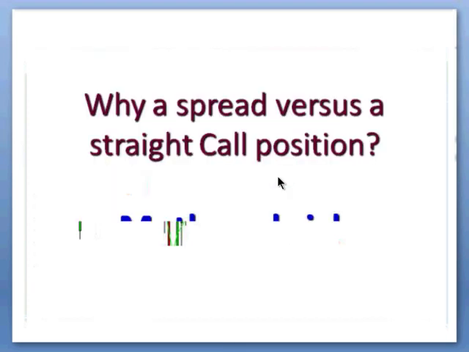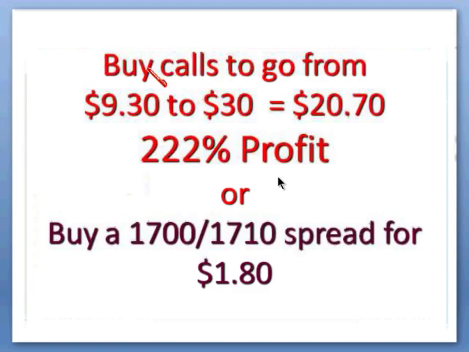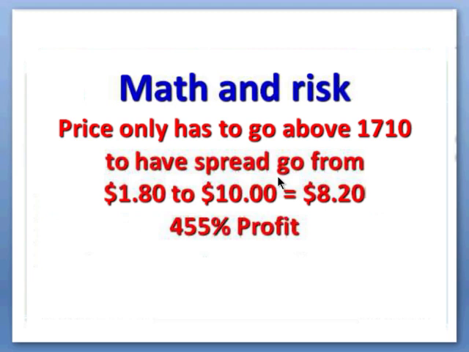That's why I want to know whether my math is much better buying straight calls or buying a spread. So if I buy a call at 9.30, it goes to 30, I've made $20.70, or a 222% profit. Or if I had bought a 1700/1750 spread for $1.80, now the math has a much different perspective.